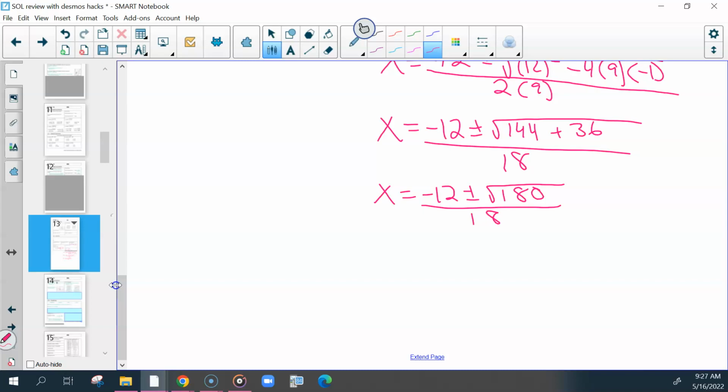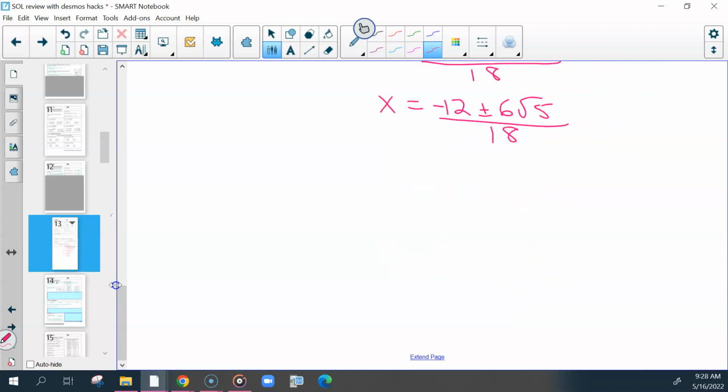It's 36. I did have it right. 5 is the one that goes inside. So the square root of 36 is 6, so that would be what comes out. 5 would be left on the inside.